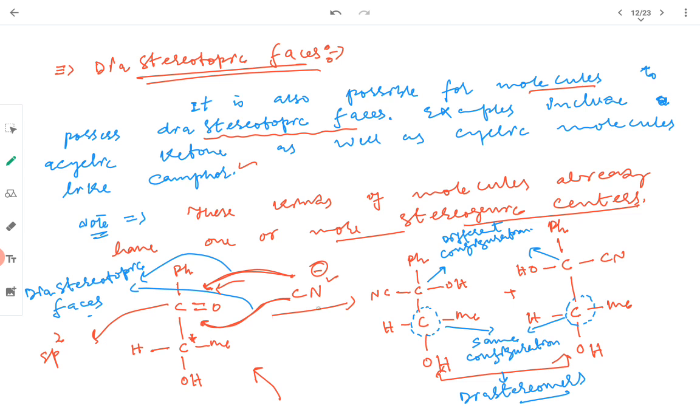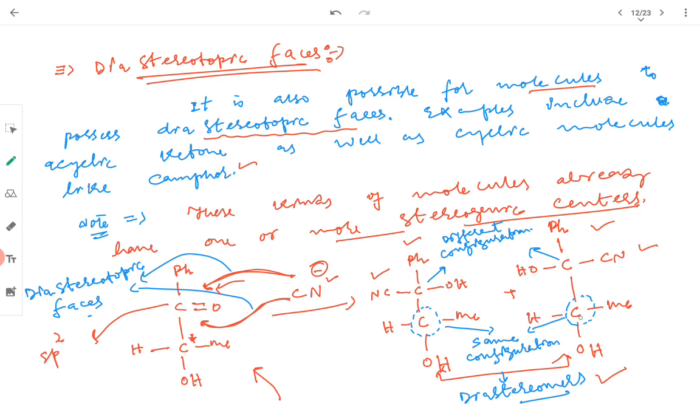So when this CN negative reacts with two phases of this molecule, it gives rise to one compound. This is one stereoisomer and this is another stereoisomer. These two stereoisomers are formed when the CN negative attacks this C double bond O here from two different phases. And if you see the relationship between this stereoisomer and this stereoisomer, these two molecules are diastereomers to each other.